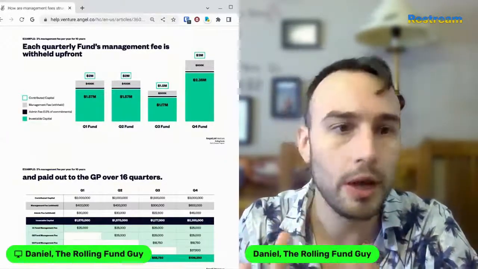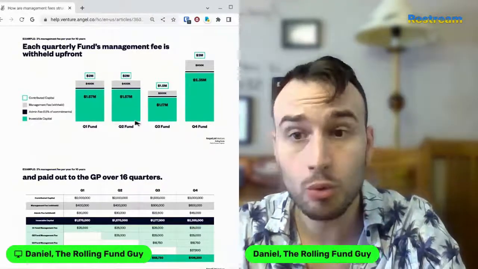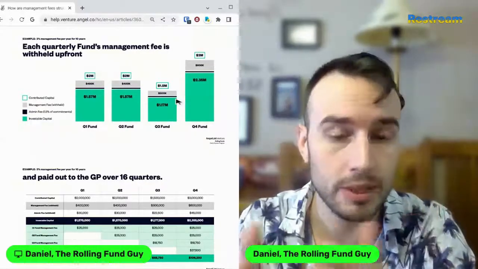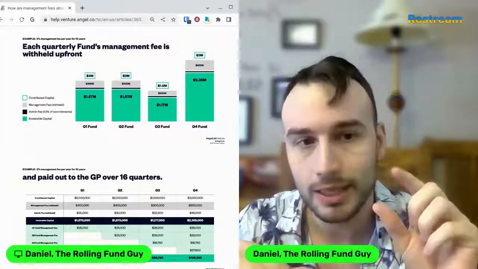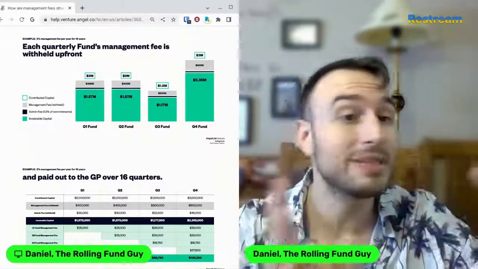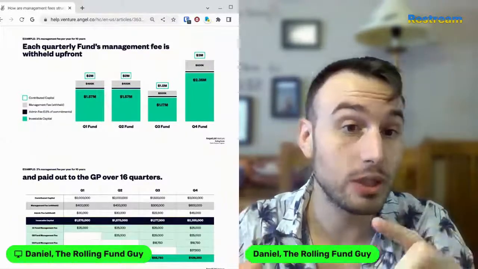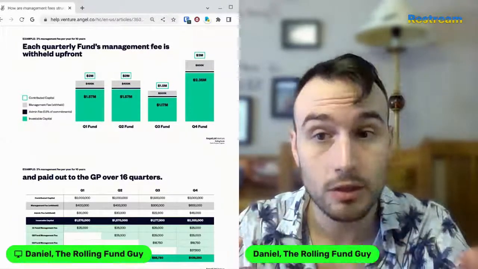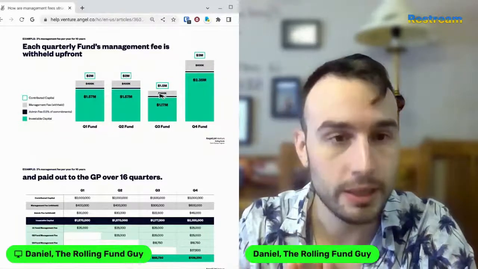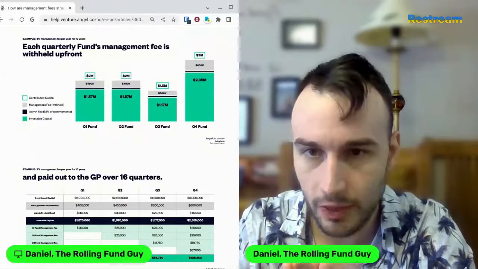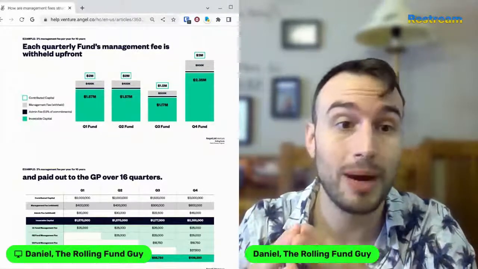So on quarter 1, when you get $2 million of investment from your LPs, they calculate a 2% fee times 10 years. So that's $400,000 that is withheld from the $2 million. And that is presumably held in escrow by AngelList.